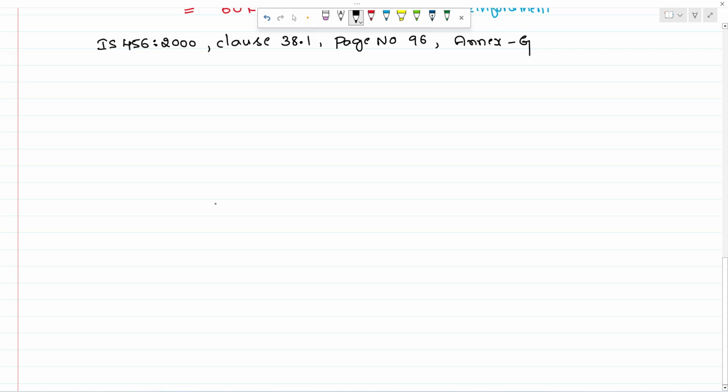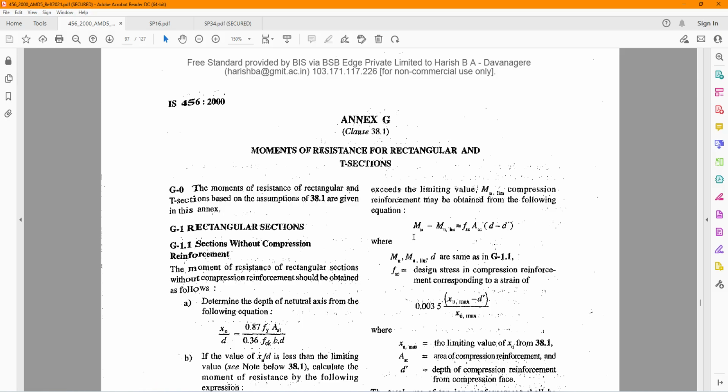So the formula is Mu minus Mu limit equals FSC multiplied by ASC multiplied by d minus d dash. Here you know the value of Mu minus Mu limit, and you know d dash and ASC.